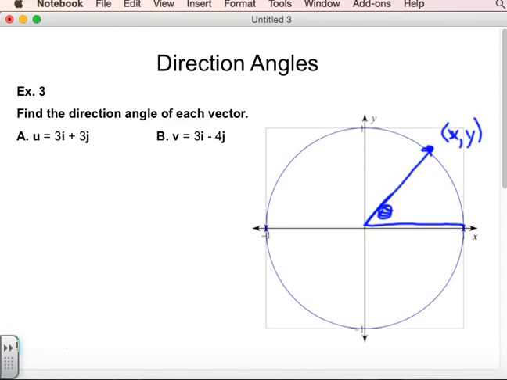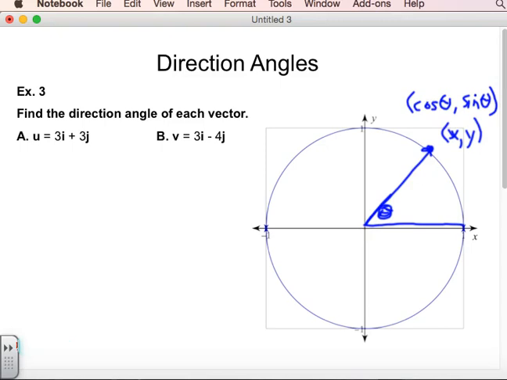So we remember, though, that on a unit circle, x is cosine of theta, and y is, of course, sine of theta. So what we get when we look for the vector, okay, the vector is, of course, from 0, 0 to xy.